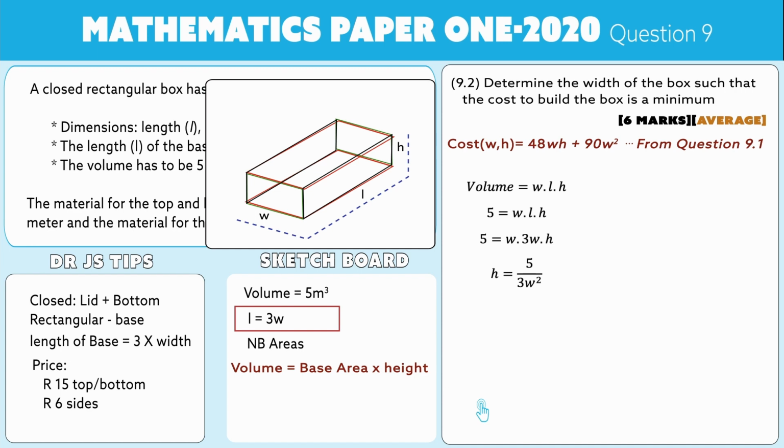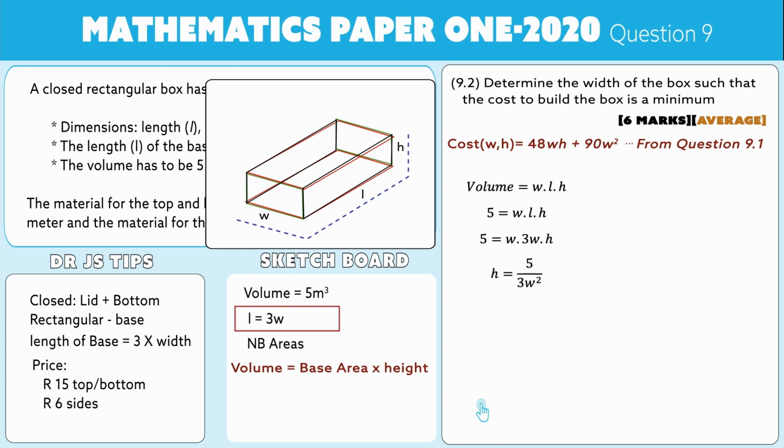And now we can find a minimum cost volume box. And that's what they asked us to do in 9.1. Determine the width of the box. So they're asking us to find W so that the cost of manufacturing this box will indeed be a minimum.